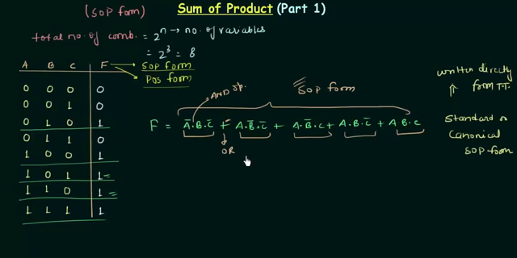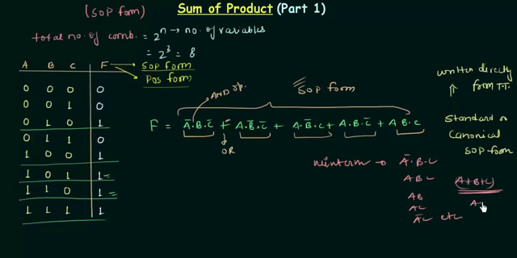But before that, let me explain one important thing, that is the min term. The min term usually looks like A complement B C, A B C, A B, A C, A complement C, etc. I'm calling it min term because if I write A or B or C, this is the max term.